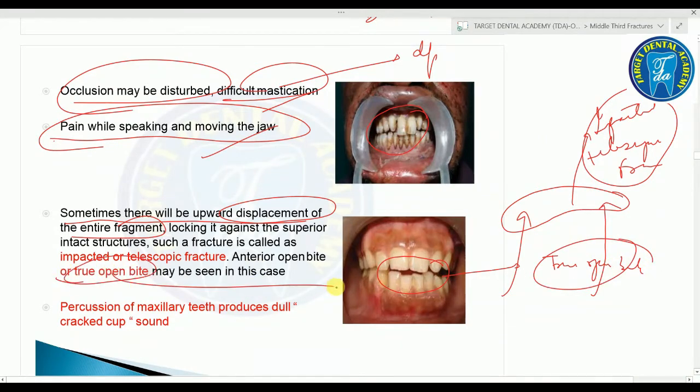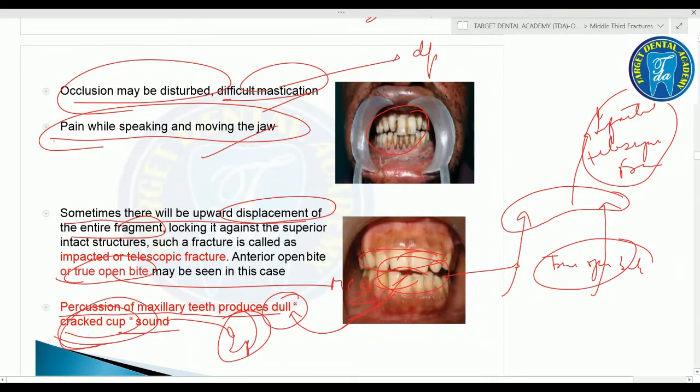Important for your MCQ. On percussion of the maxillary teeth, they produce a dull cracked cup sound. Important. When you percuss the maxillary teeth, you can hear the dull cracked cup sound.